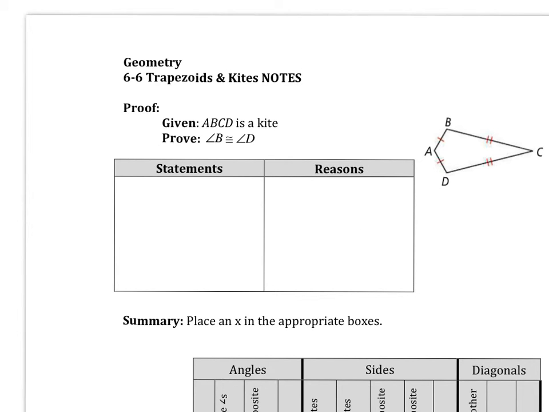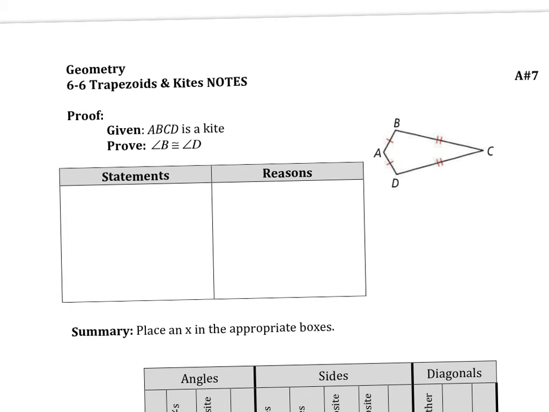The final thing that I will walk you through is a proof of this theorem. And this proof is going to be fairly straightforward. We're given that we have a kite, and our goal is to prove the theorem that says the non-vertex angles are congruent. Well, if I draw an auxiliary line, that is, a diagonal right here, notice I form two triangles. As we make a plan, why do the two triangles have to be congruent? Please.